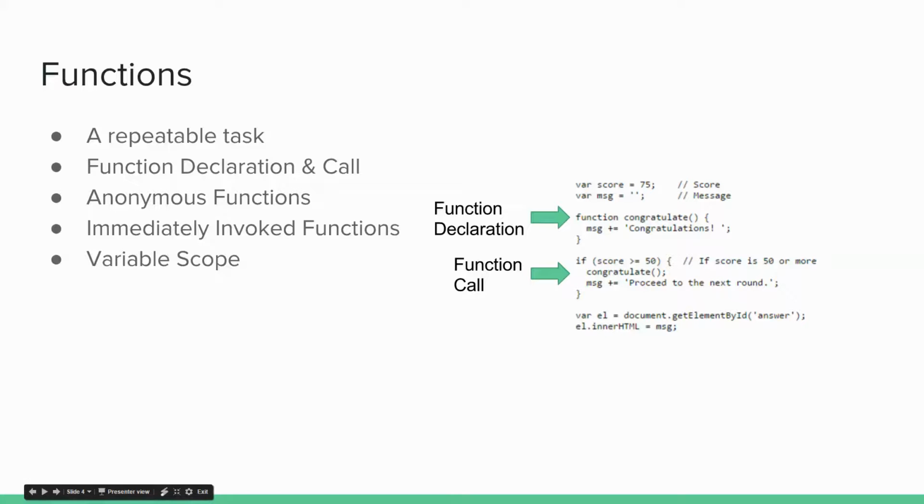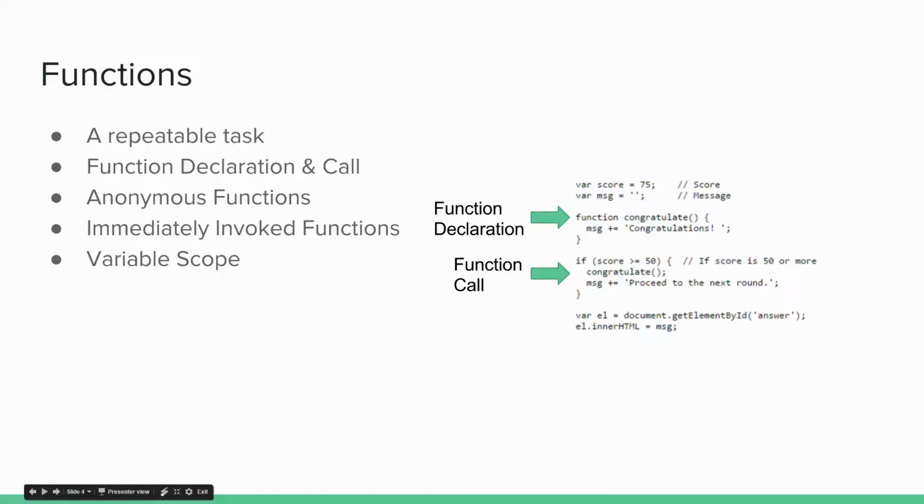Global in the sense that you can use message in this function in this area here as well. Now let's say he had defined message inside this function here. Now the scope for the message would be stuck inside the function of congratulate. And so to get anything useful out of this function, you'd have to have a return statement so you could store it into whatever variable outside of that scope.